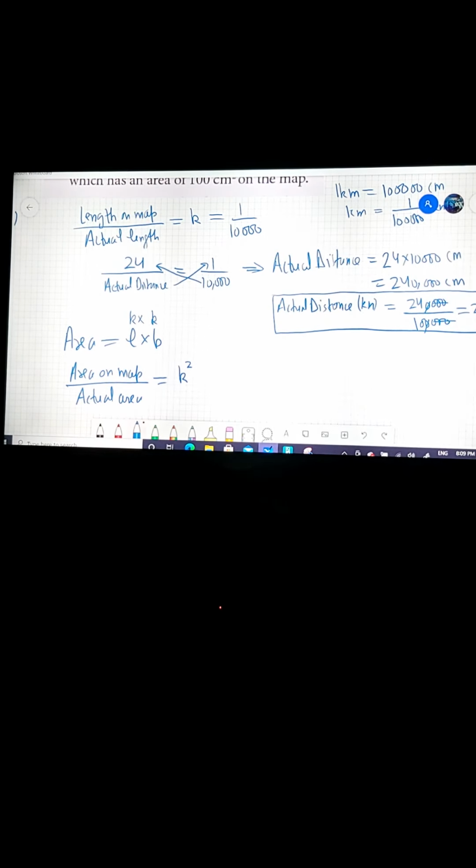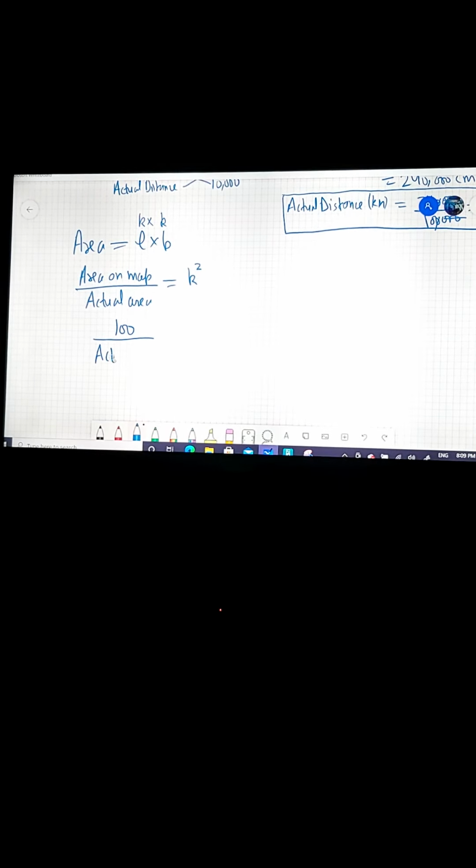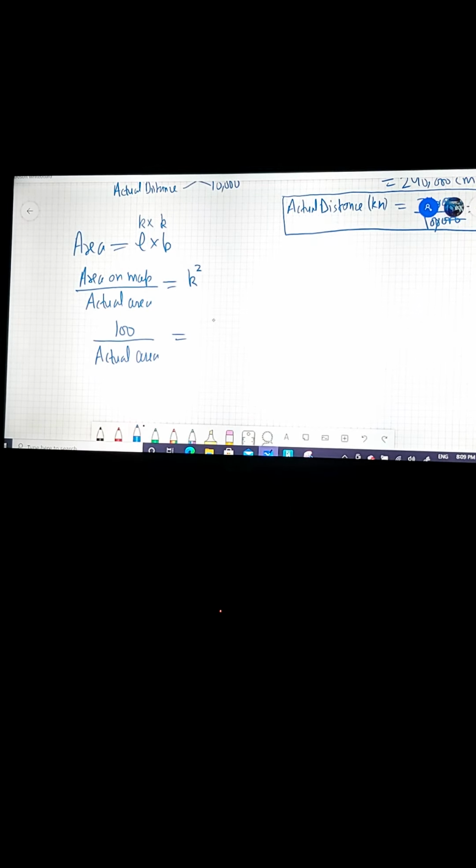Okay. Now according to question, we are given that area on the map is 100 centimeters square. So 100 by actual area of the lake equals 1 by 10,000 square. So it is 1 by 10,000 into 1 by 10,000. Okay.